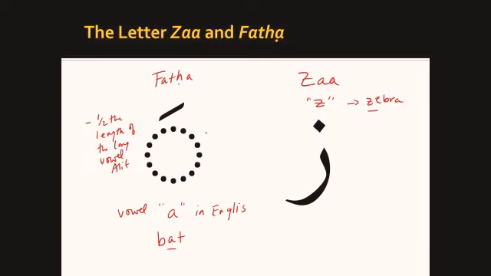And again, this little circle of dots here represents a given letter. So what this means is that the fatha is a dash that sits on top of a letter.